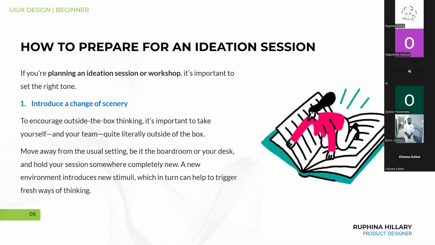Now, the first thing you should do when you're preparing for an ideation session is to introduce a change of scenery. Move away from your usual settings. Do not do it in your room, somewhere that is familiar to you. Move to somewhere different, somewhere new. A new environment can introduce new stimuli and trigger fresher ways of thinking.